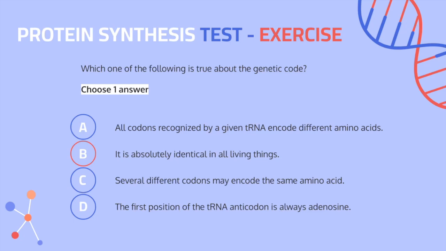All right, so let's go by elimination. First, all codons recognized by a given tRNA encode different amino acids. Is this true? No, because we've mentioned that a single amino acid can be coded by different codons.